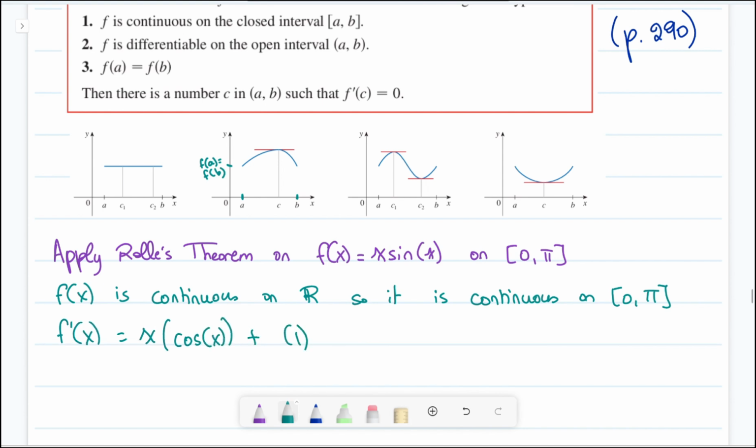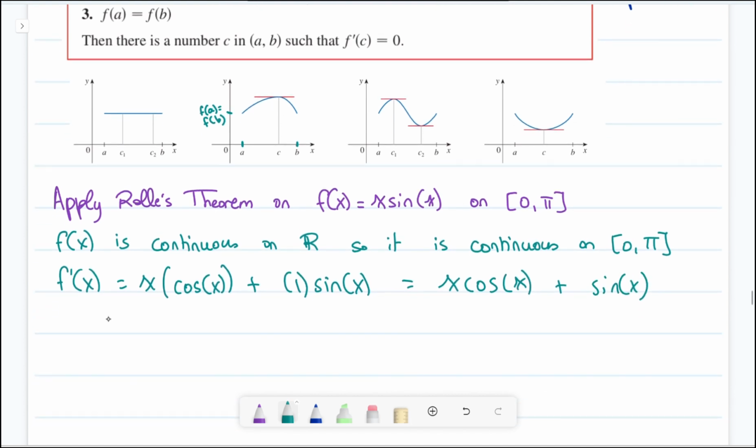Then we take the derivative of the first term, we multiply it by the second term. So this is x cos x plus sine x. And we can see that f of x is in fact differentiable on the open interval 0 up to pi.